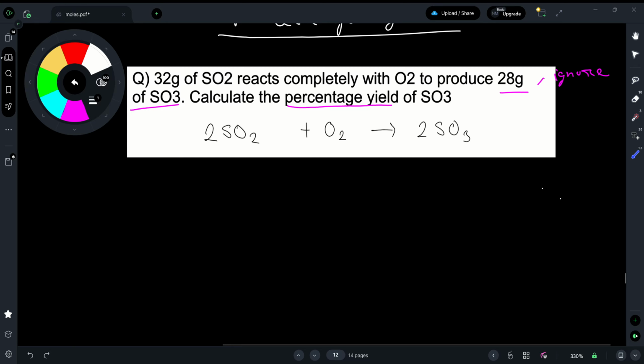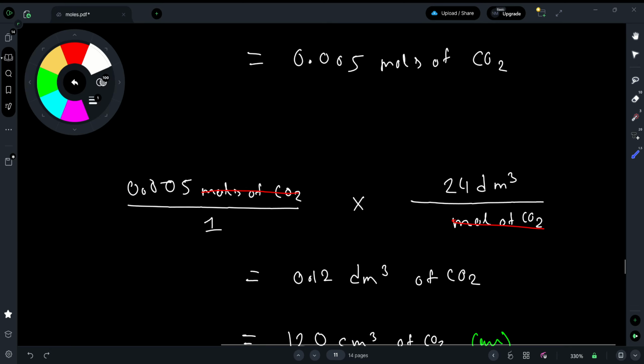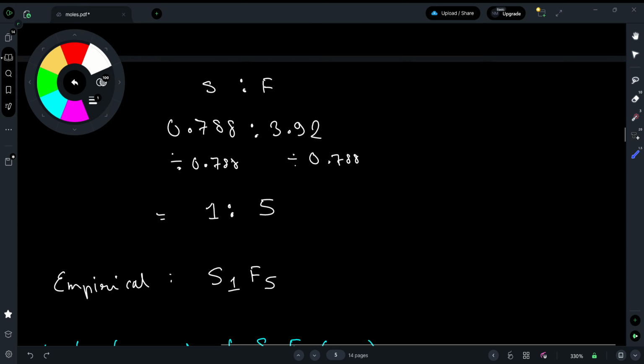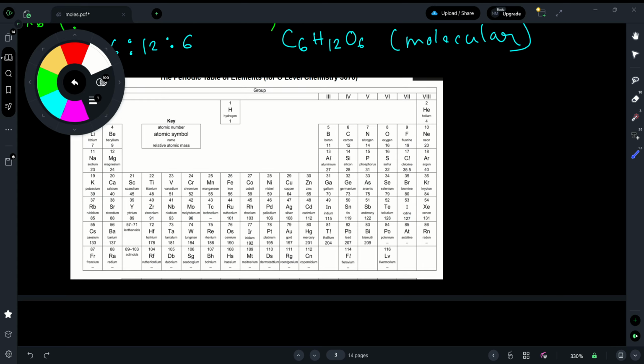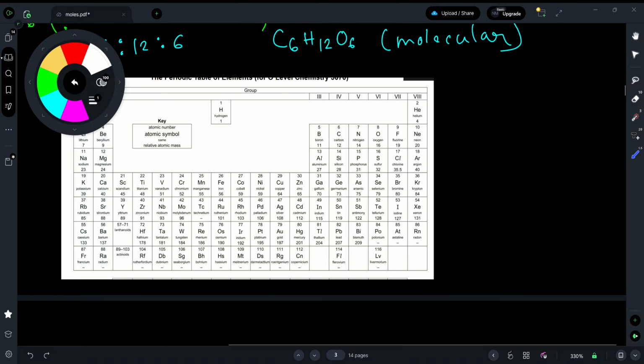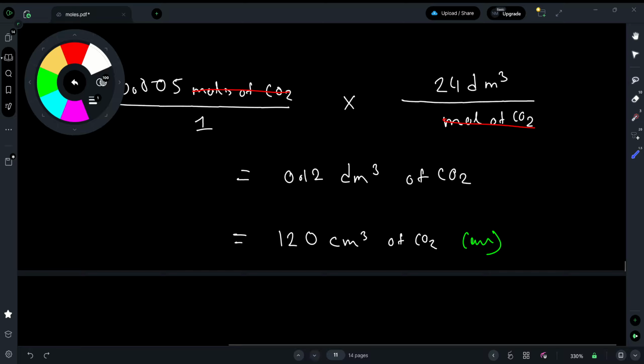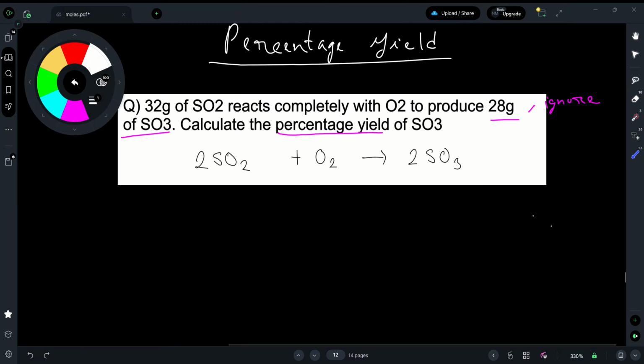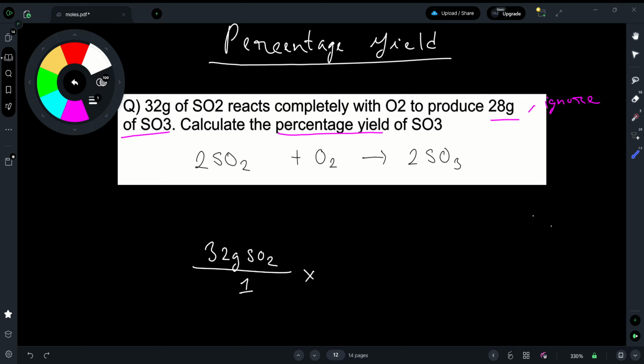Sulfur was 32, I believe. Let's look at the periodic table one more time. Okay, sulfur is 32. So we're good. So 32 grams of SO2 by 1, and the molar mass of sulfur dioxide: sulfur is 32, oxygen is 16, so 32 plus 16 into 2 is just 32 plus 32, 64.